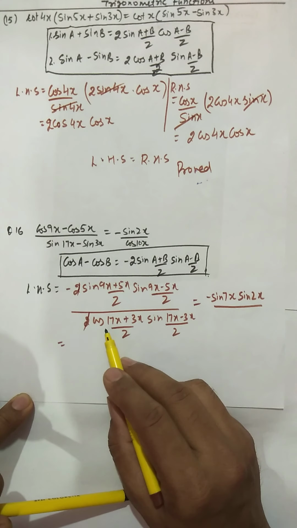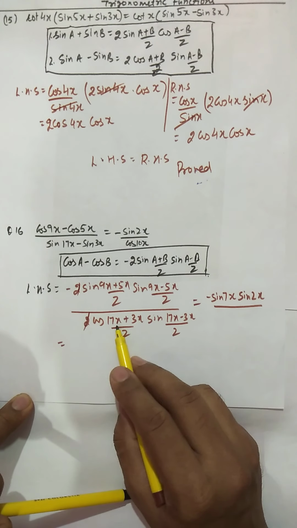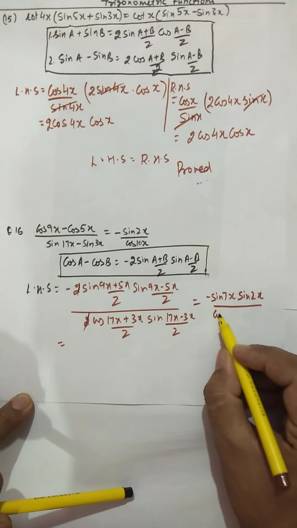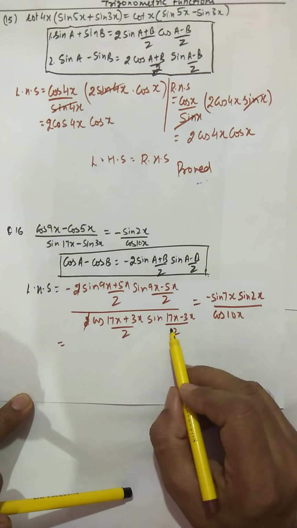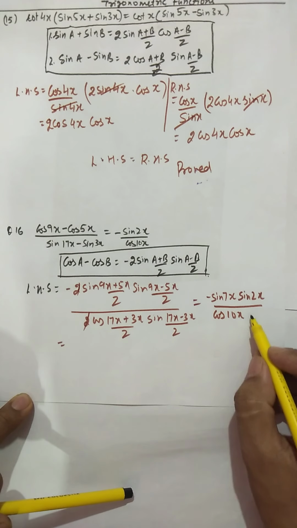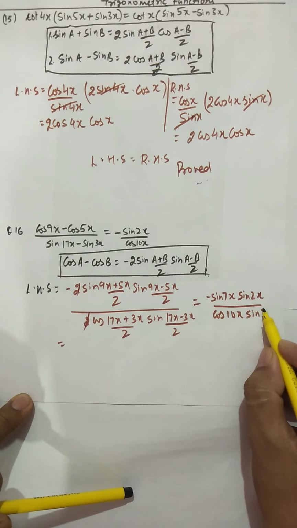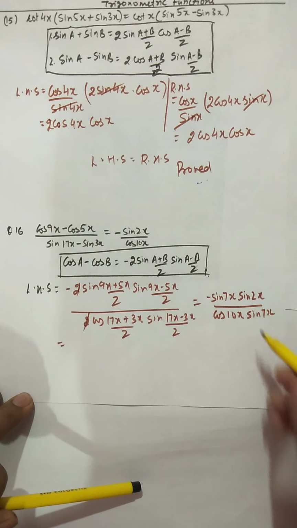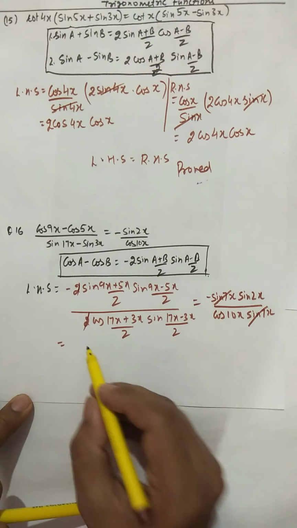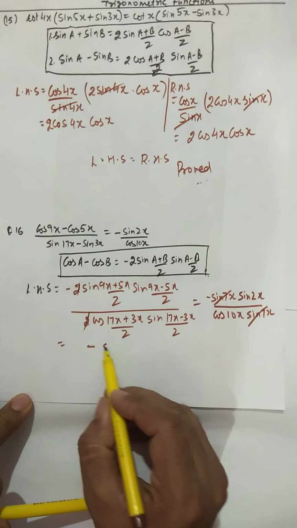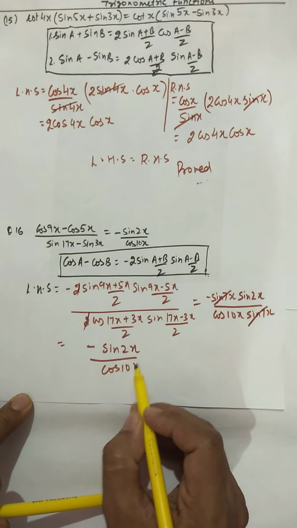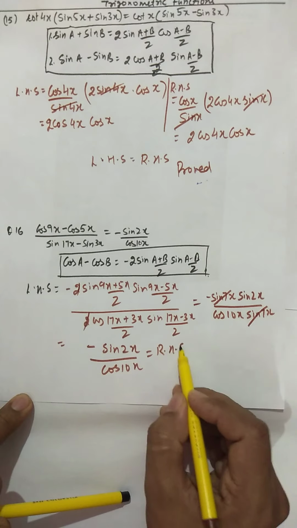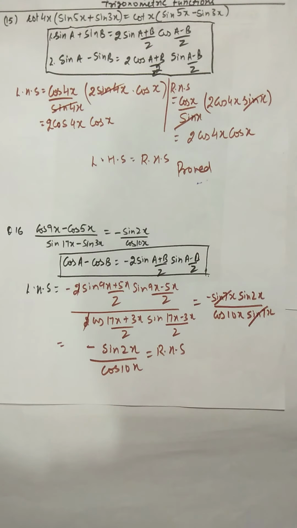Now 17 plus 3 is 20, so 20 by 2 is cos 10x, and 17 minus 3 is 14, so this is going to be sin 7x. So this term and this term got cancelled, and you are left with sin 2x upon cos 10x, and this is equal to RHS.